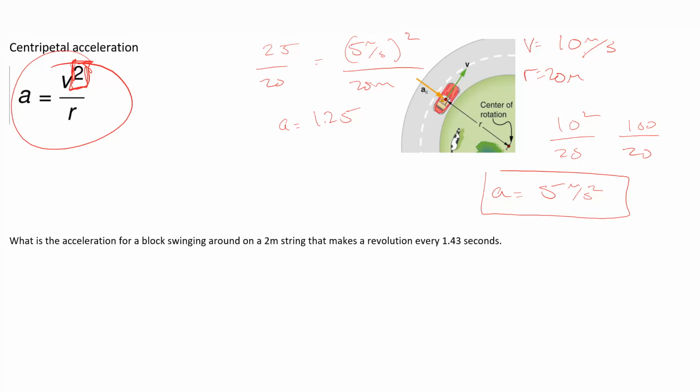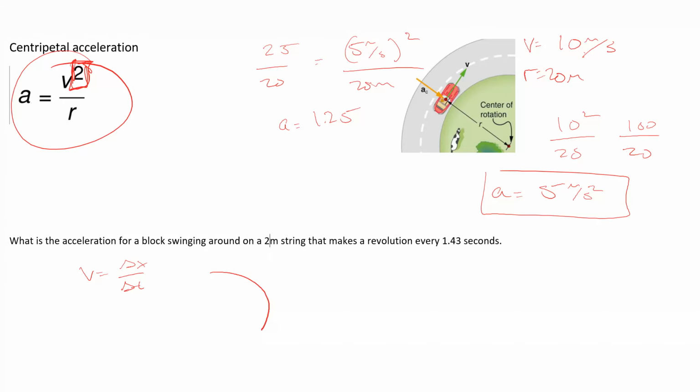Well, let's say we're not given velocity, but we're given other values in order to solve for velocity. Velocity is equal to the change in distance divided by the change in time. What if I'm only given the radius that I travel in and the time interval it takes to do one revolution? So the change in distance divided by the change in time.